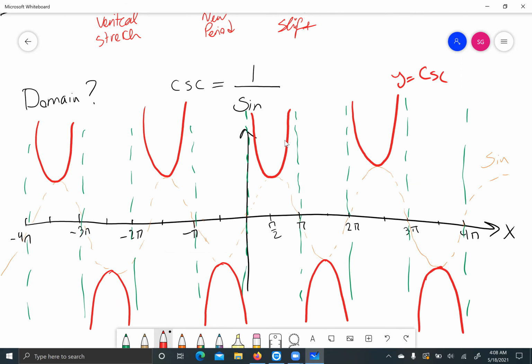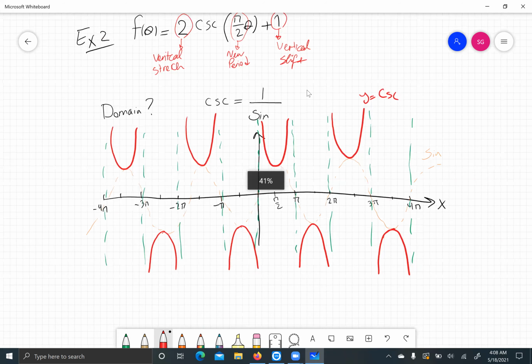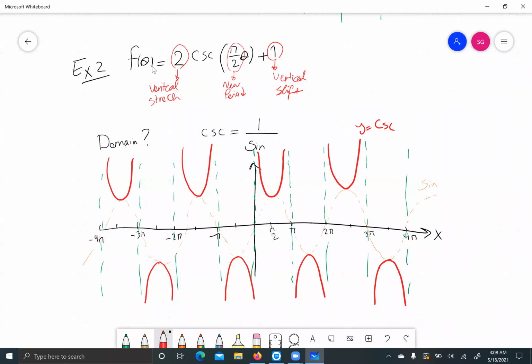Now, this example, f of theta, is just a transformed version of cosecant, right? What is the domain? The domain is everything except the vertical asymptotes.